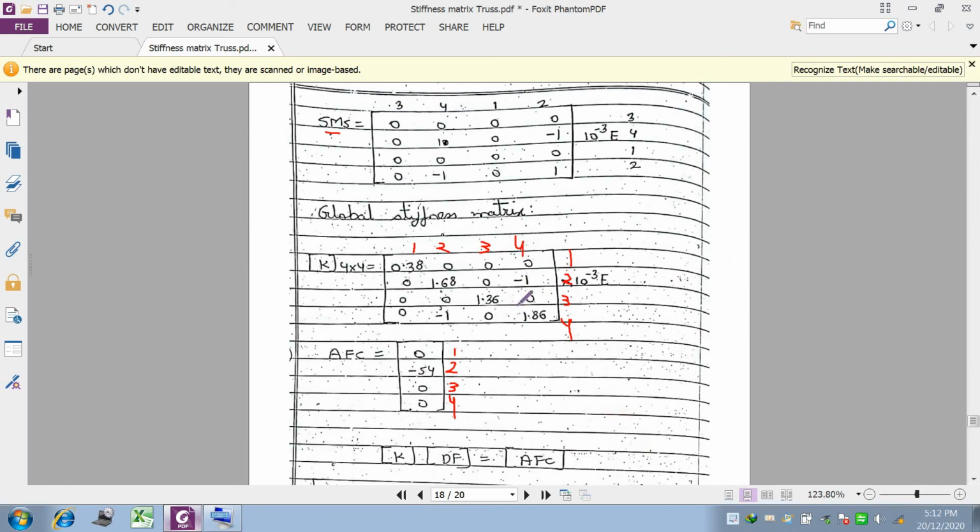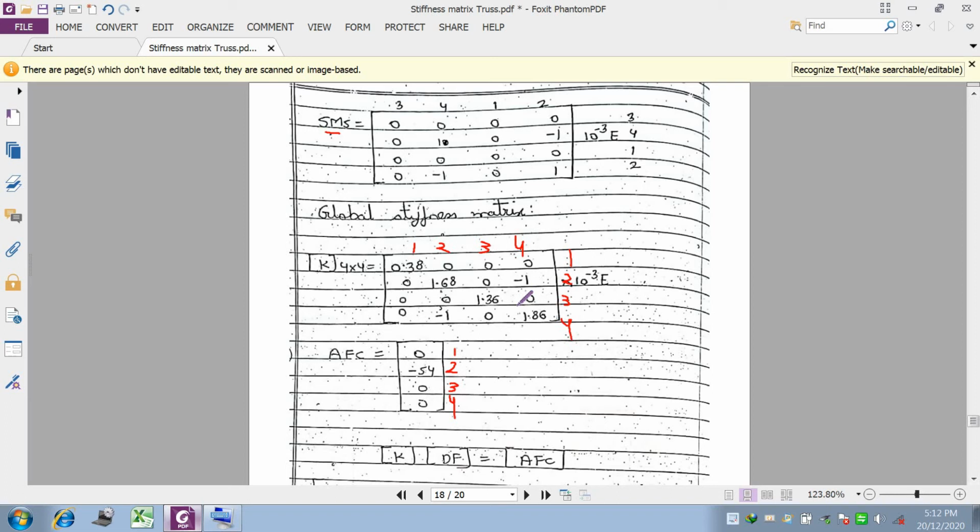Basically in the truss chapter of structural matrix, there are 4 cases, or you can say 4 types. The first type we have already covered. In that case we calculated the unknown displacement, and we also calculated the unknown member forces for the truss.